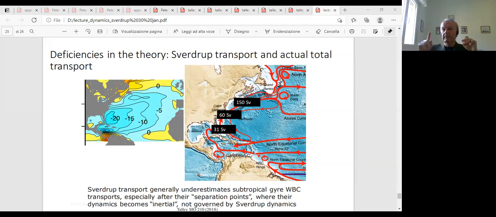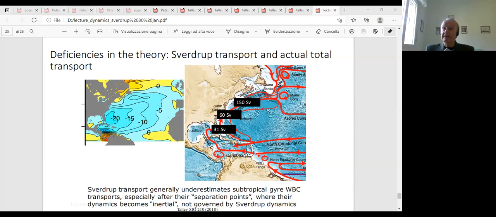Sverdrup means million cubic meters per second. So at the very beginning, where the Gulf Stream starts, we have about 30 million cubic meters per second of water transport. The more we go toward the north, this transport increases. Already at Cape Hatteras, we have around 60 million cubic meters per second.